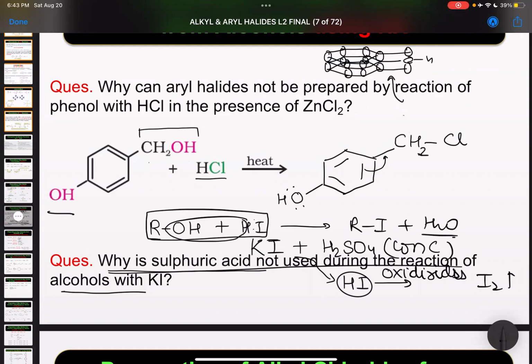But HI is not available in the lab because it gets oxidized by air, oxygen. So you need to prepare it. You took KI, you took some acid so that the acid can give H plus to KI so that it can get converted to HI. But the most common acids are H2SO4 and HNO3. You don't take such acids which can oxidize. So which acid do you take?